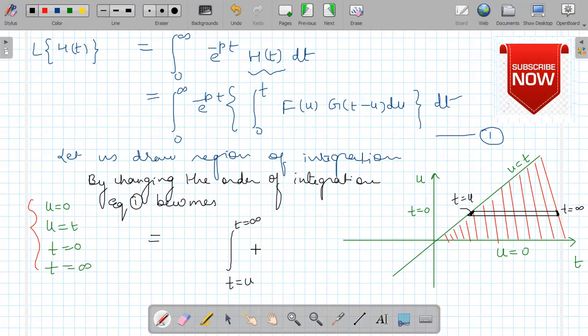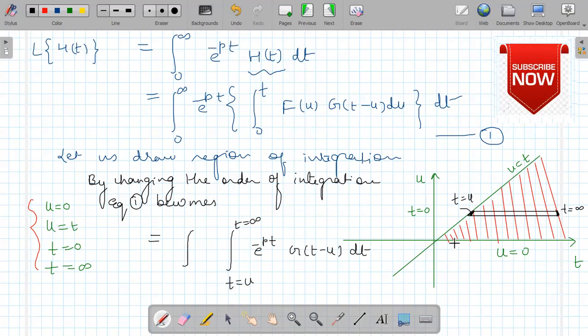And then I put the functions, which are the functions of t. Now we move this strip from this point up to this point to get the limits of u.